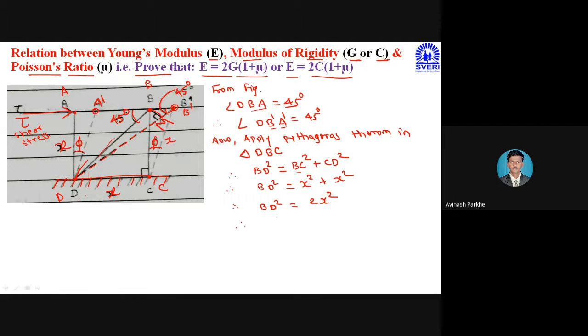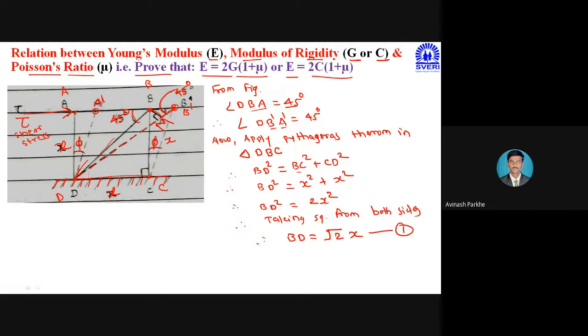If I take the square root from both sides, you will get BD is equal to root 2 into X. So this is equation number 1.